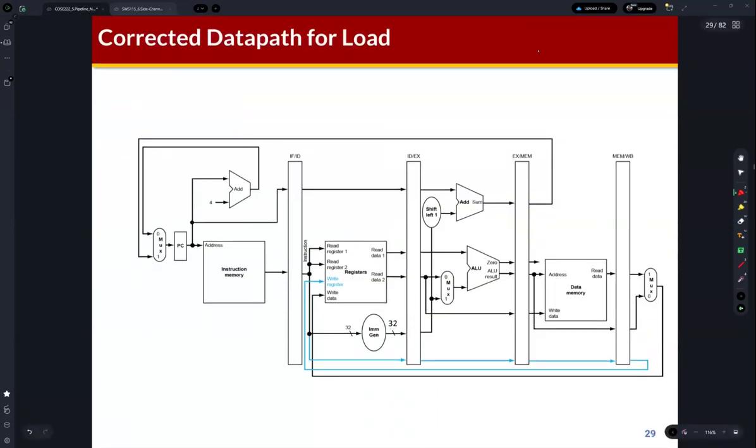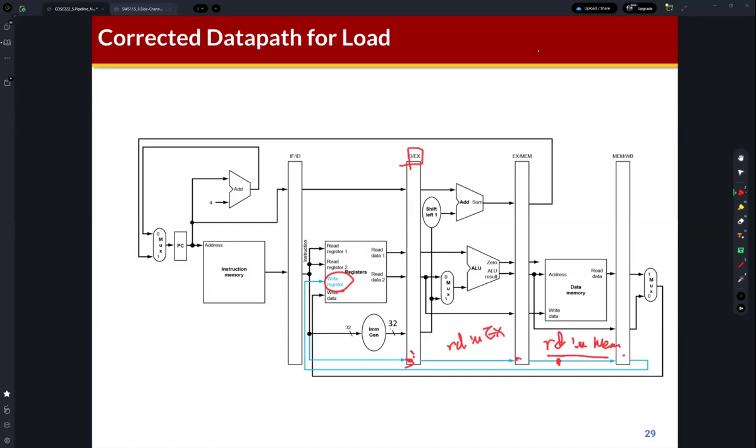As you can see, the RD, the write register, is also sampled by this pipeline register, this pipeline register, and this pipeline register. So you can find that this RD is the RD in the EX stage, right? Because it's sampled by the ID and EX pipeline register. And then this RD is the RD in the memory stage, right?